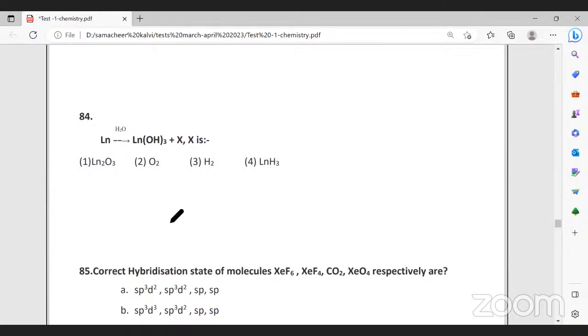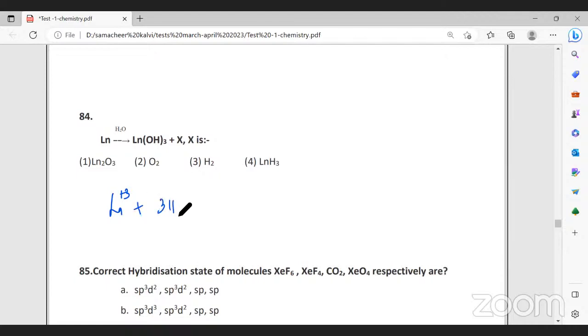The 84th question. Ln stands for lanthanum, a lanthanide. Lanthanide on hydrolysis gives Ln(OH)3 plus X. What is this X they're asking? Now, we understand that lanthanum's stable oxidation state is +3.